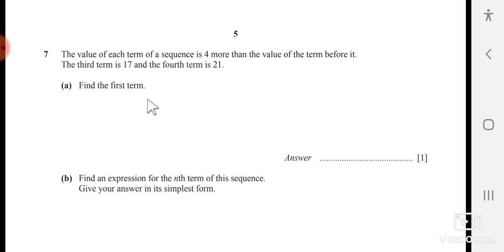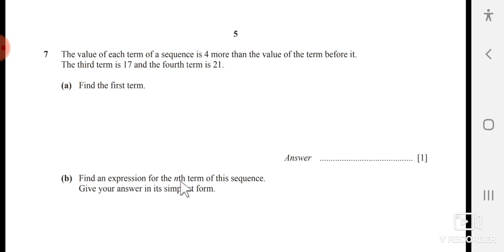If you write Tn is equal to a plus bn, then for T1, n is 1, so you will have T1 is equal to a plus b, and then use T3 is equal to a plus 3b, and then T4 is equal to a plus 4b, and solve these equations simultaneously. This way you will have the answer for this part and this for both a and b.